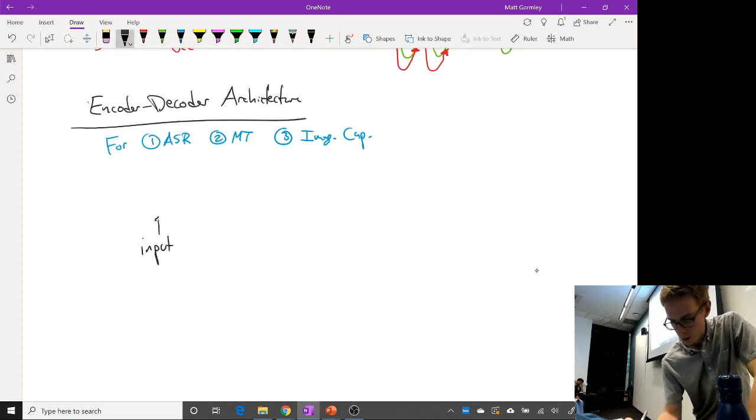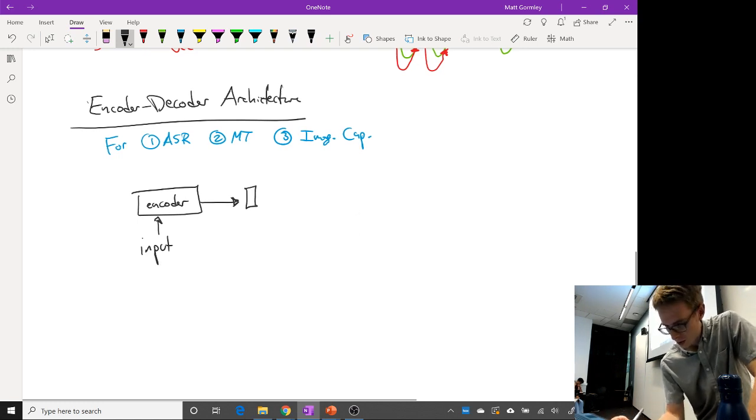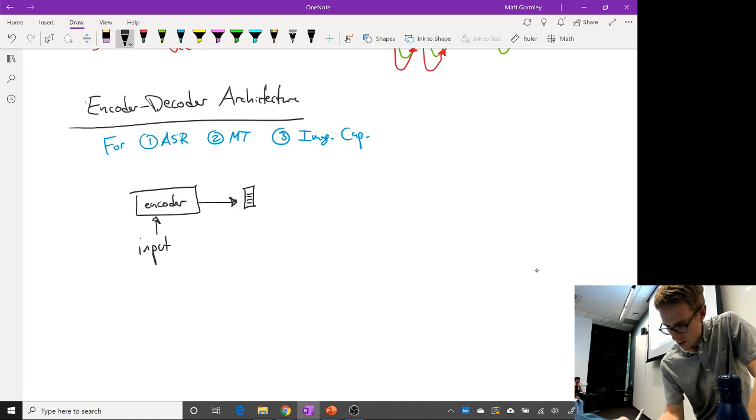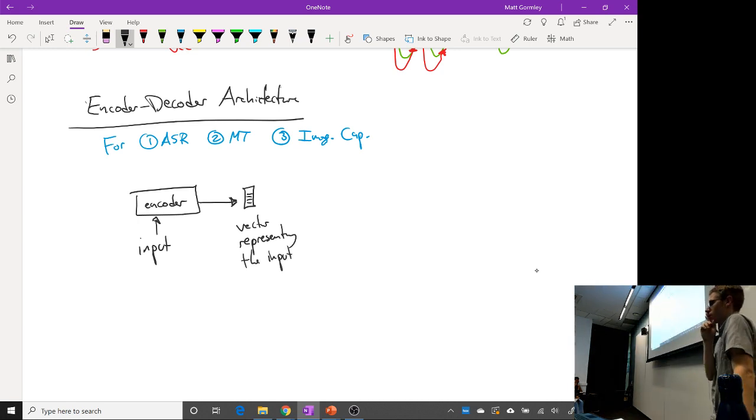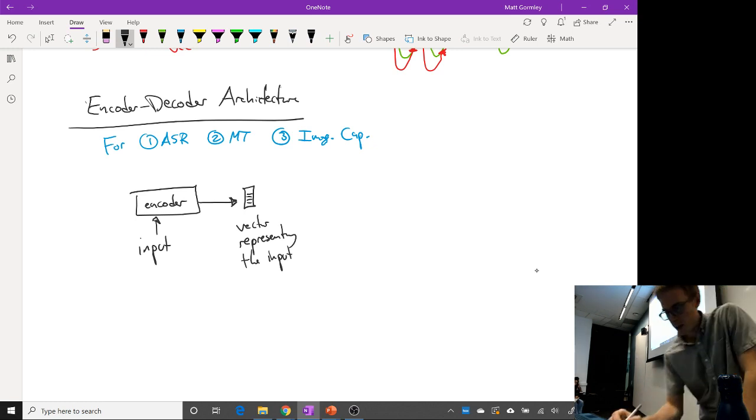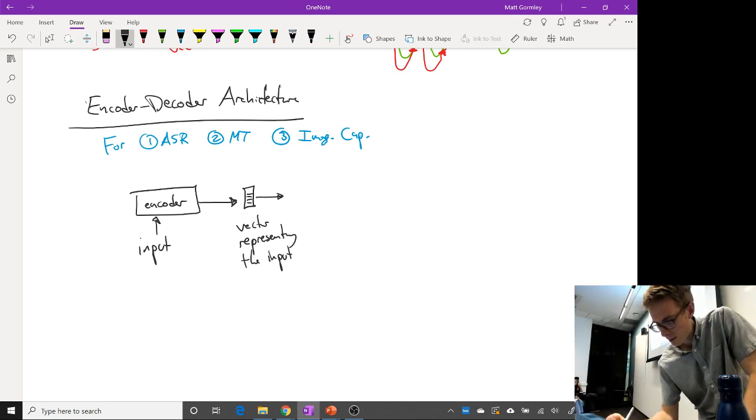You have some input that is fed into your encoder. What comes out at the end is some vector that represents the input. Then you feed that vector into a decoder architecture that spits out your output.